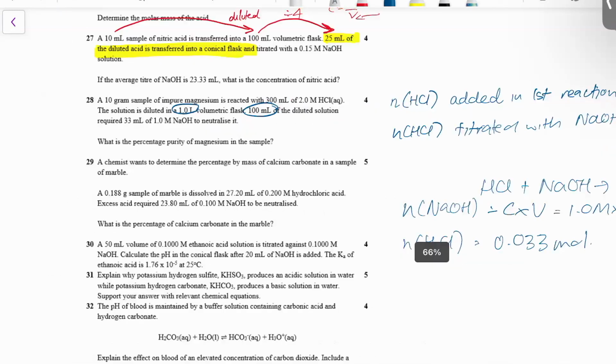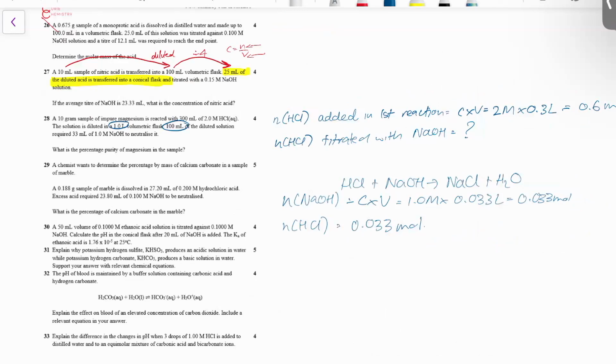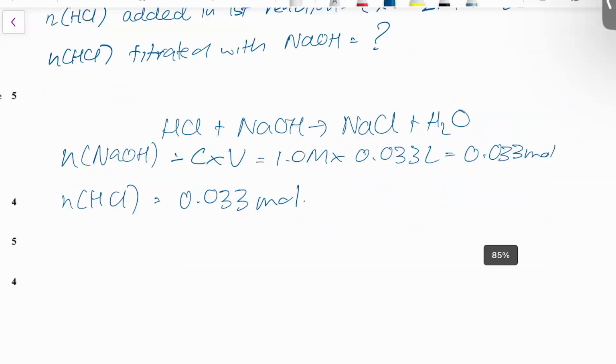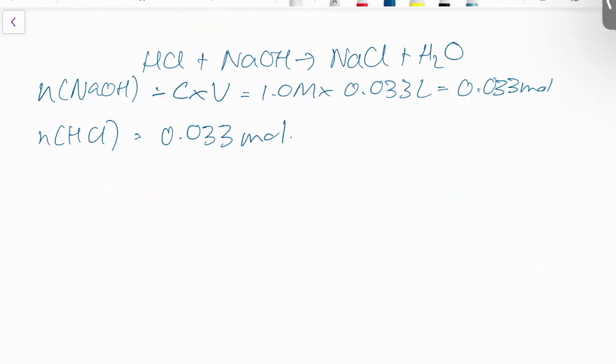So one more time, I know the moles of HCl that I added at the very, very beginning. Just because I added it doesn't mean I reacted all of it. But for me to know how much got reacted, I actually need to know how much is left over that didn't get reacted. So when I do that, I realize, hey, there's 0.033 moles left over that didn't react after my first reaction.